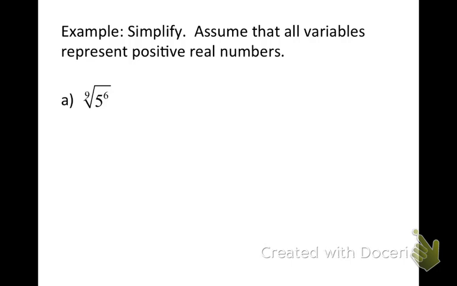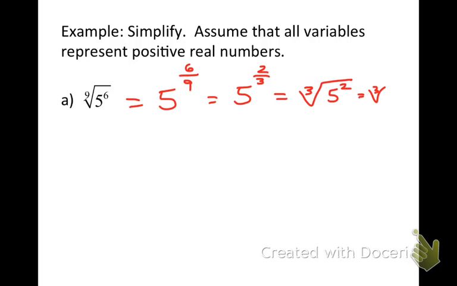It would be 5 to what power? 6 over 9. And what does 6/9 reduce to? 2/3. Okay. So now what does that go back to as a radical? Cube root of 5 squared, which is the cube root of 25.